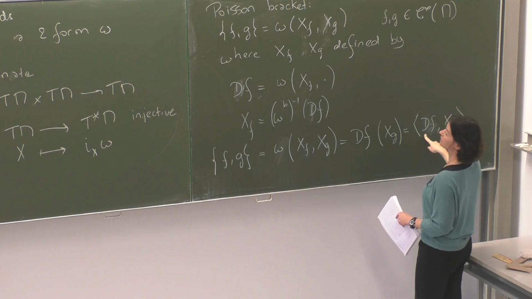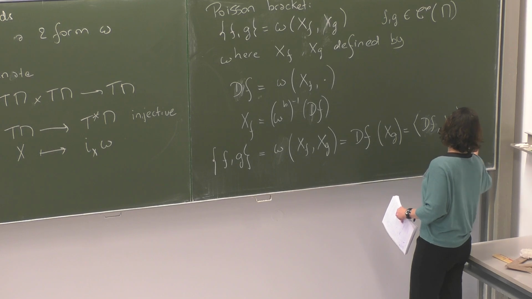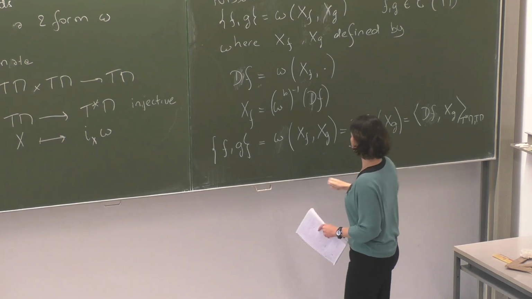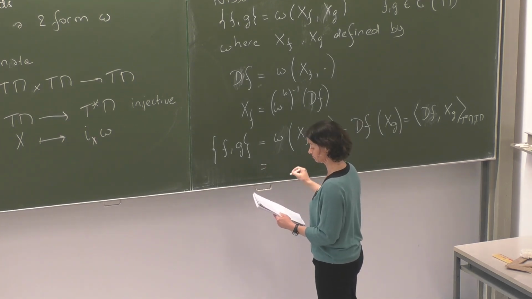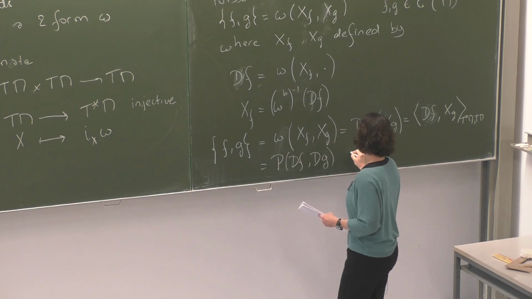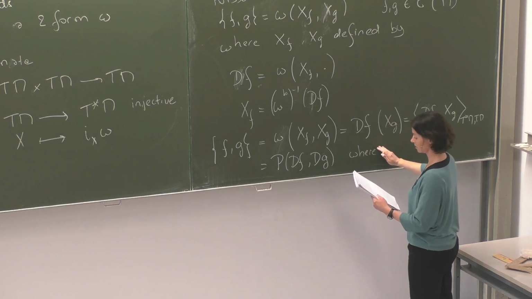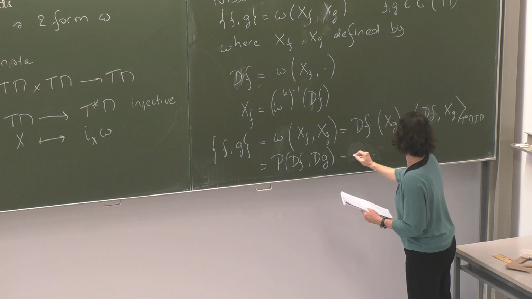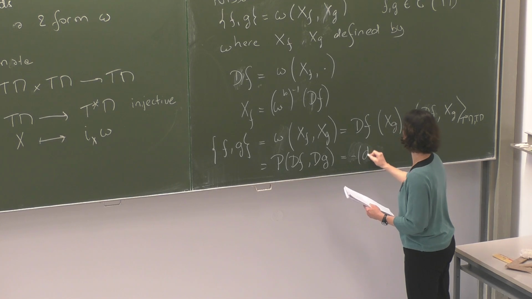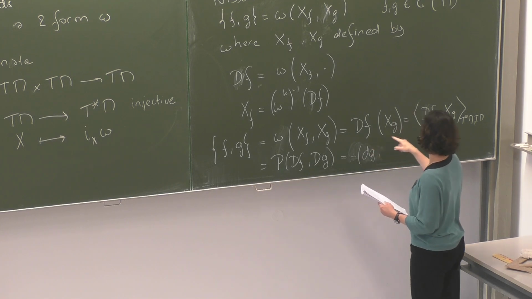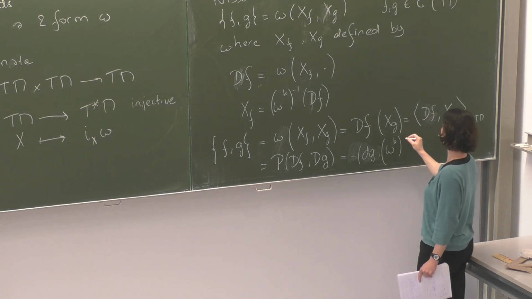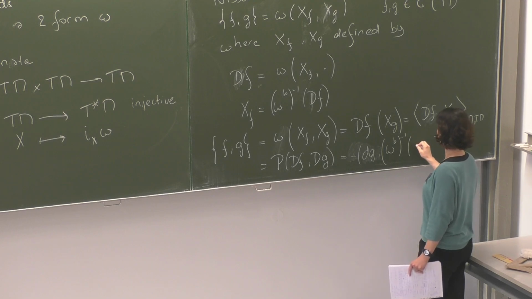Here the pairing is between the dual space of M and the tangent space. And we can write it also like P dF dG, where perhaps I should write it like minus dG applied to the inverse image of omega flat of dF.